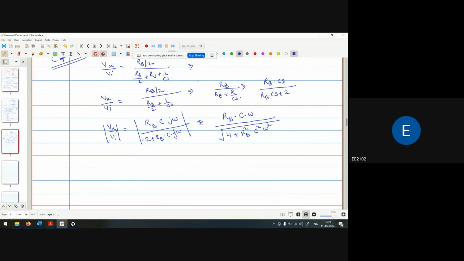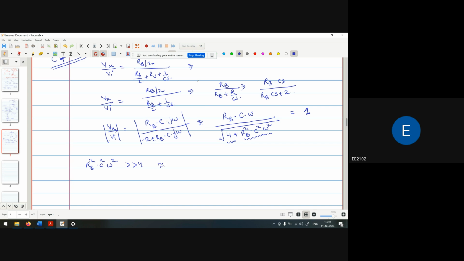Now if I want to set the magnitude of this one as 1, how will it be set? If I consider that this parameter is greater than this one, then the addition of these two is equal to Rb square C square omega square. So the consideration here is that Rb square C square omega square is greater than 4.